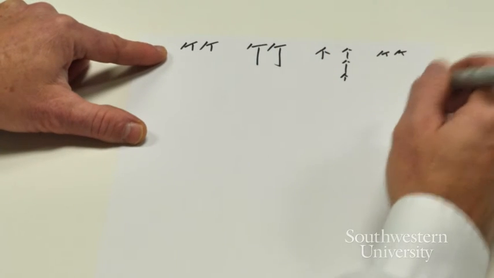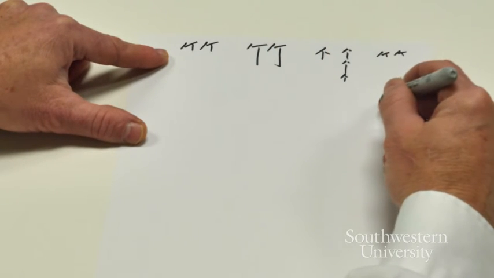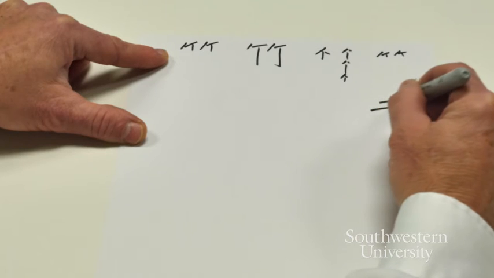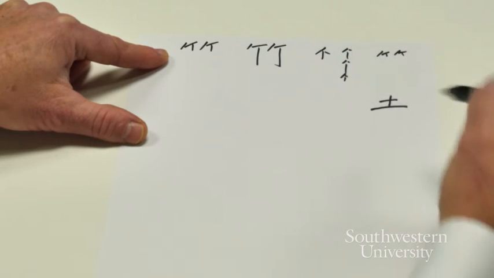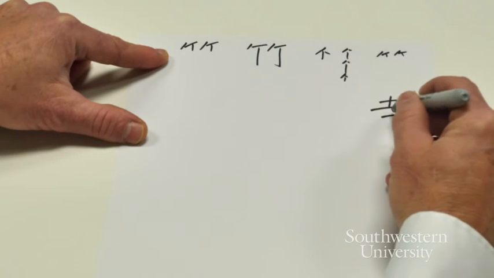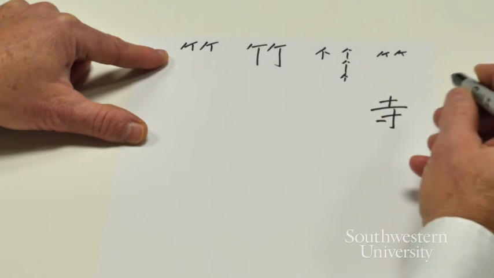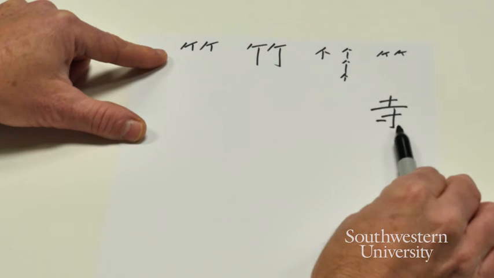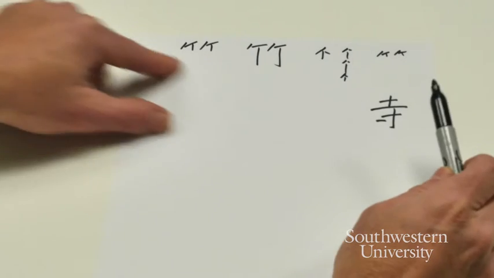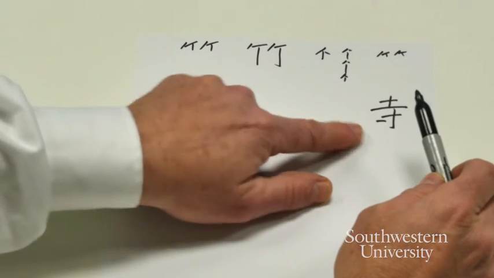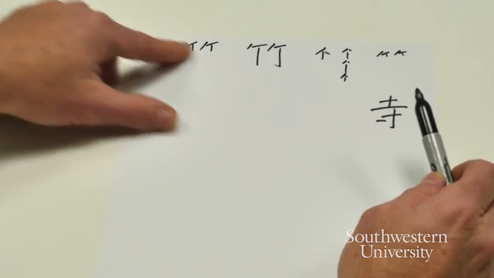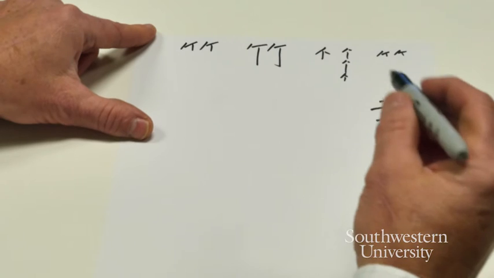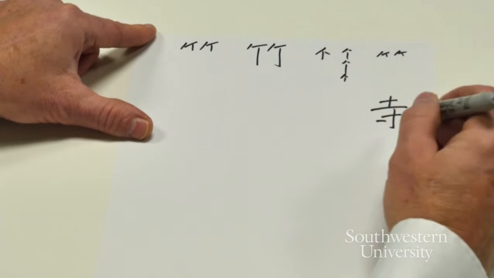Now the bottom component is composed of these two parts: tu, or earth, with cun, or inch. This component usually is pronounced shi, but in this case, I don't think it's related. I think a bunch of things were put together and connected. So si, this is pronounced si on its own.